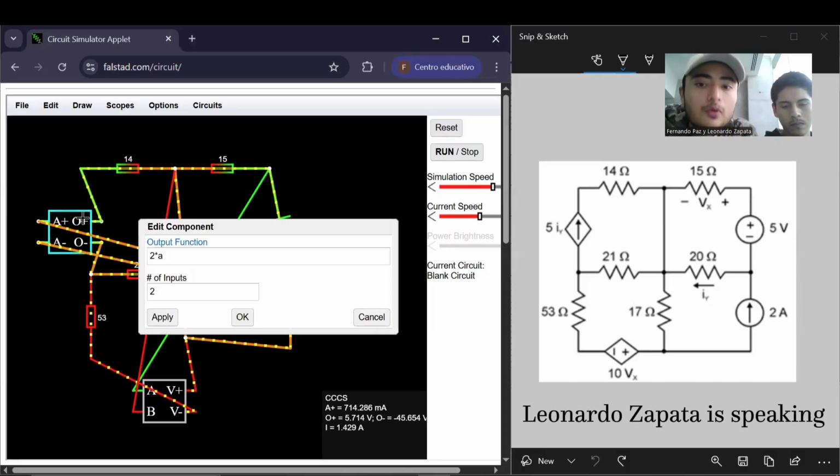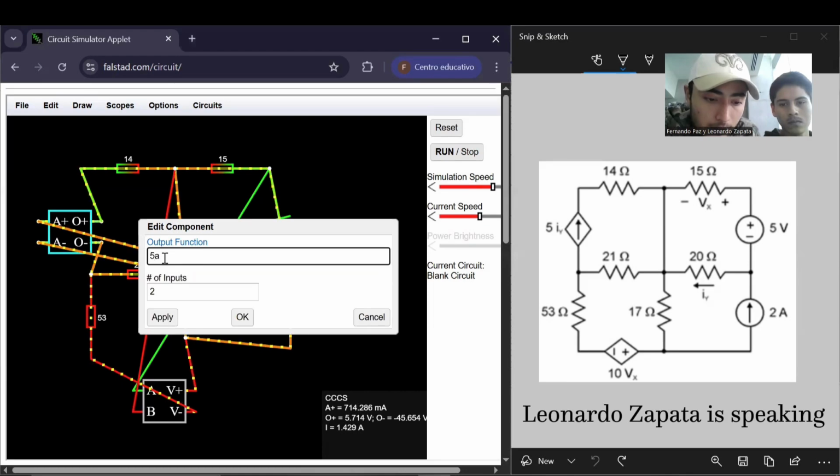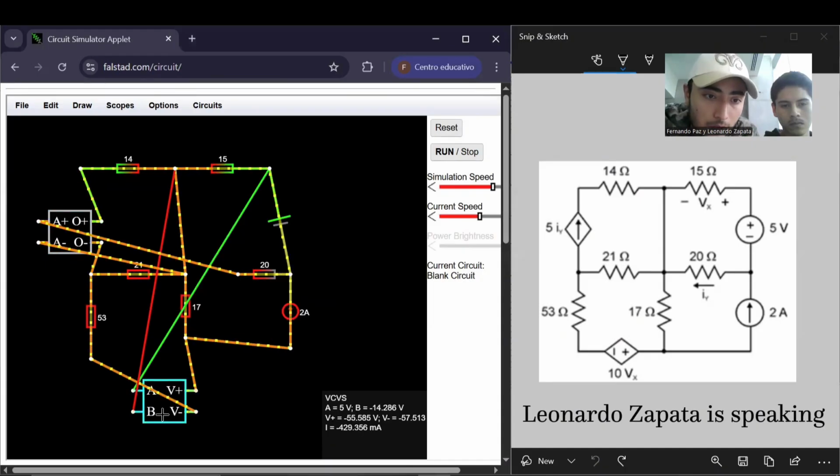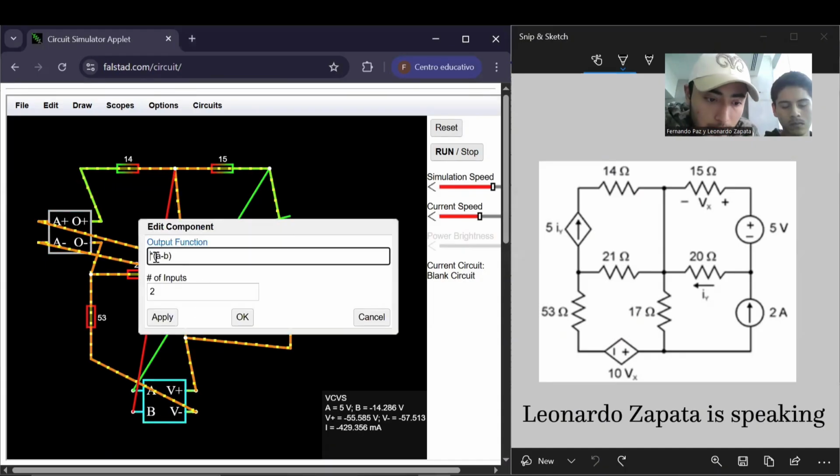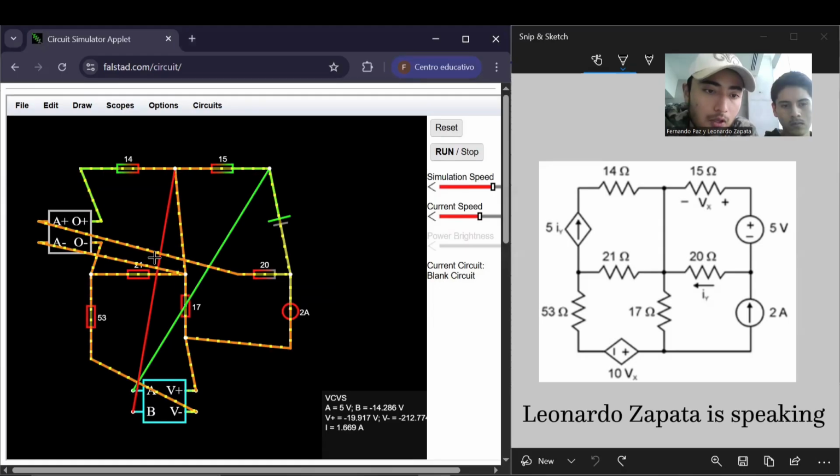This current source is 5 times the current we are evaluating, so it's 5 times IY, and this one is 10 times BX, so it's going to be 10 times I minus B.